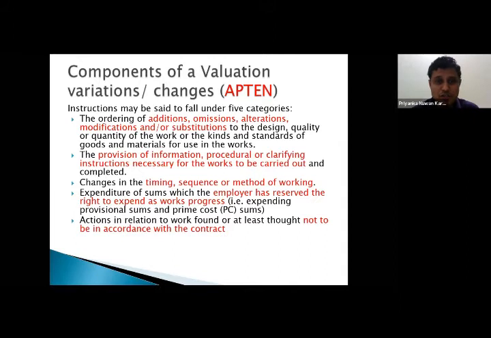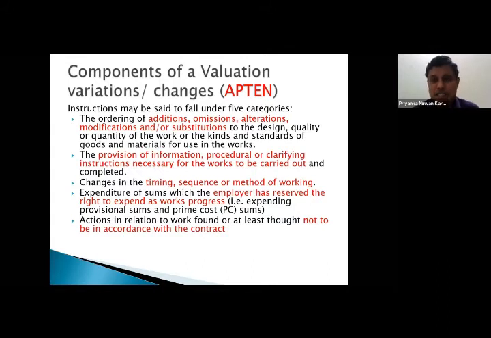Even though this is an additional work, it is as per the contract not necessary for the completion of the works. It may be a supplementary work, right? When you are building a building, there is a requirement that in your plot you cannot have a live wire, okay?